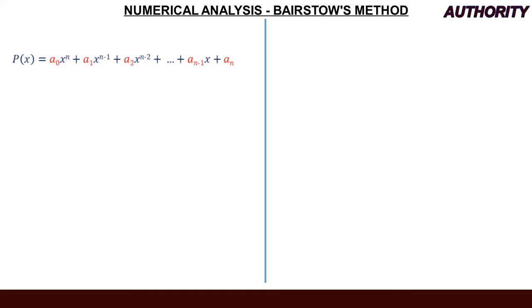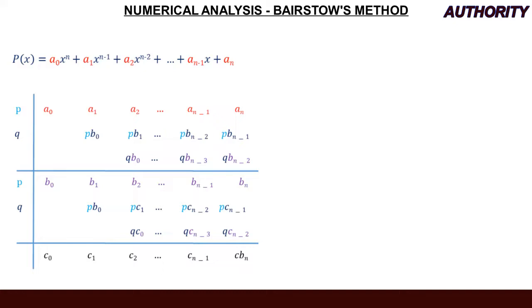So when we want to use synthetic division, you see the table, right? We are using the coefficients of this polynomial, which are a naught, a1, a2, a3 to an. Are we together? And then we are going to use our divisors, p and q.